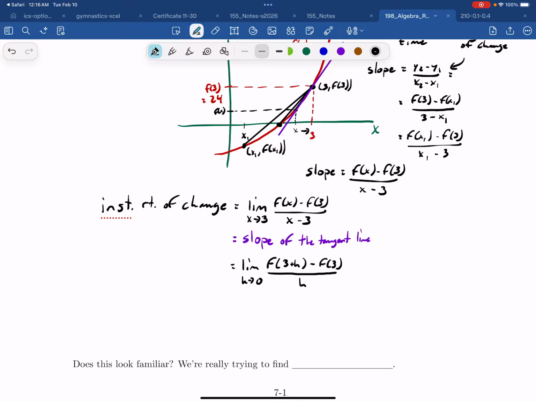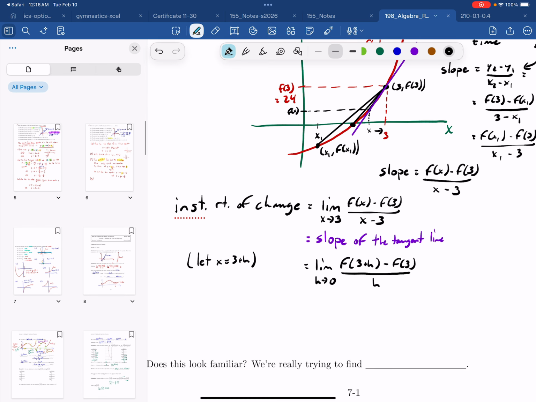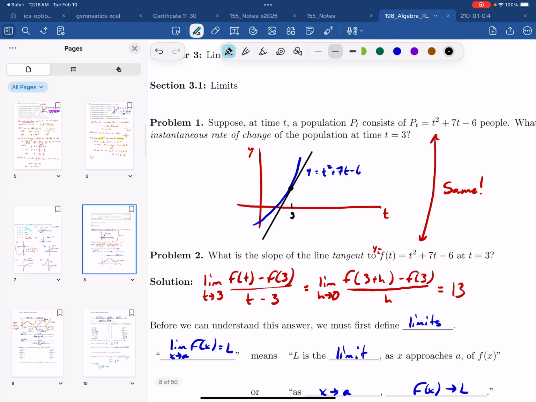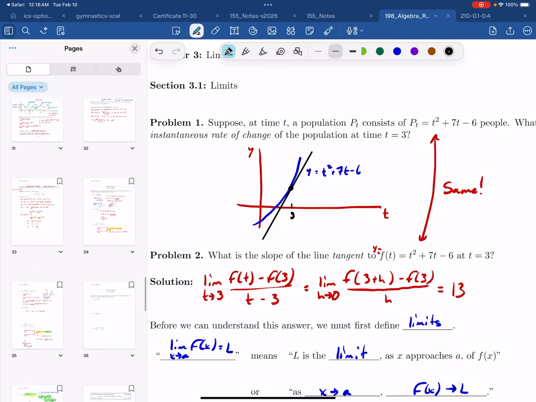And this is by letting x equal 3 plus h. I'll get more into this in a sec, but I just want to point out that if we go to the very first set of notes where we do this stuff, where do we have this? I told you what the answer was, and sure enough, these were the answers. Okay? So that's where I was getting them from.